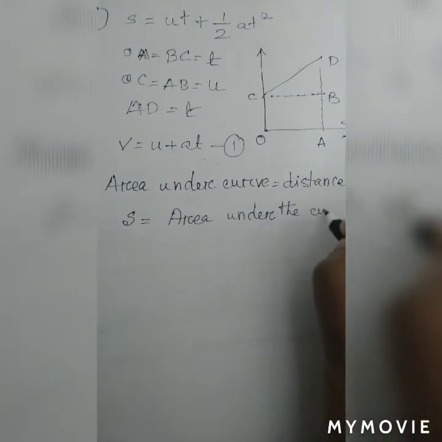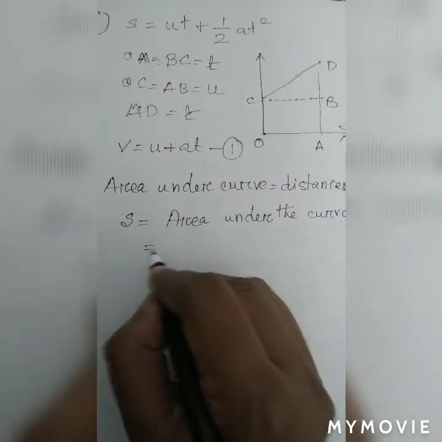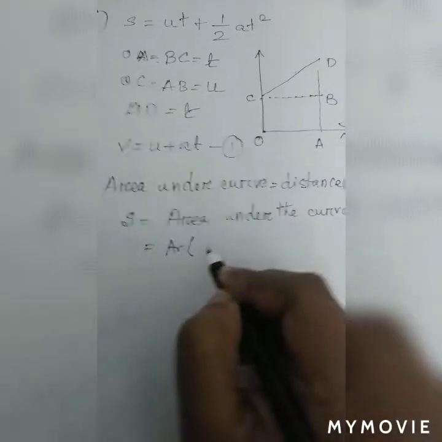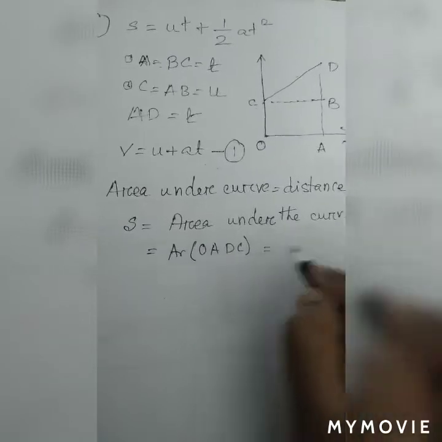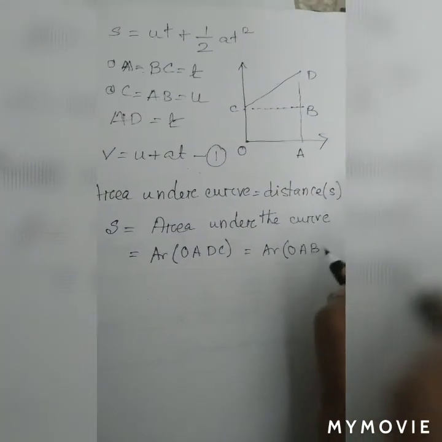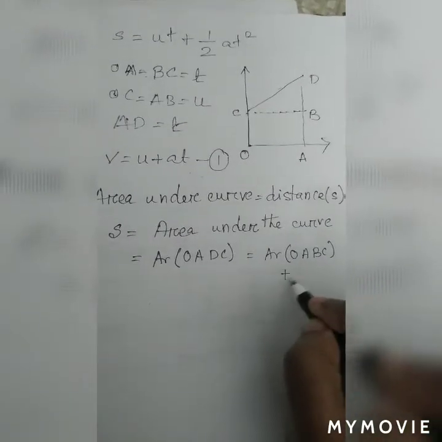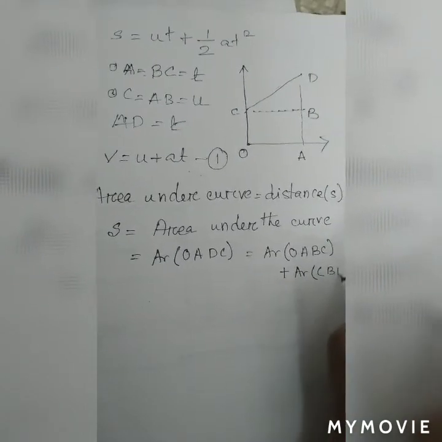Now, if I have to say the area under the curve, that is equal to area of OADC, which is equal to area of OABC plus area of triangle CBD.